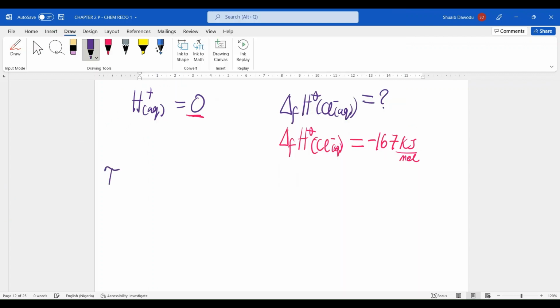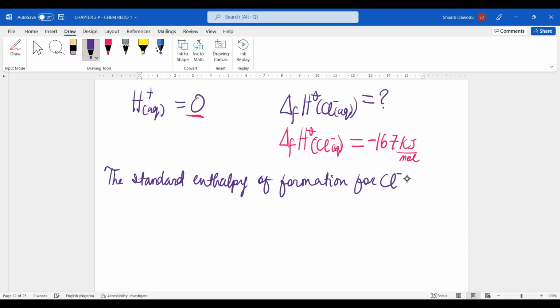So you write the standard enthalpy of formation for Cl minus aqueous is also negative 167 kilojoule per mole.